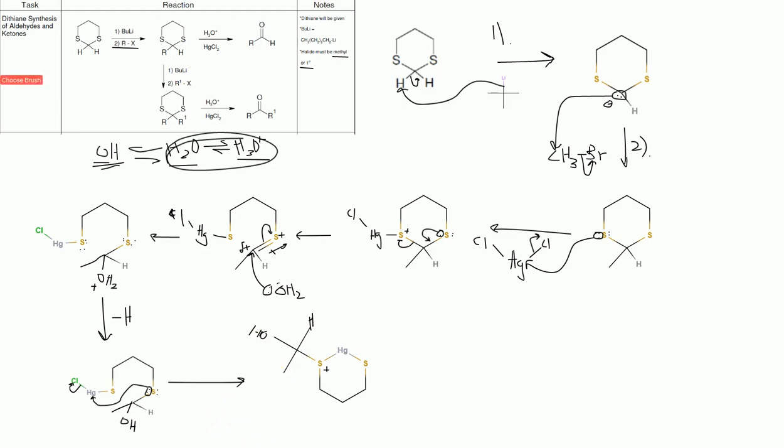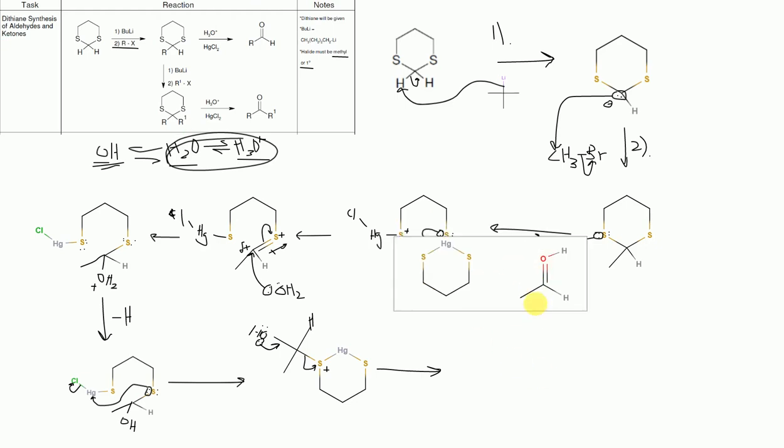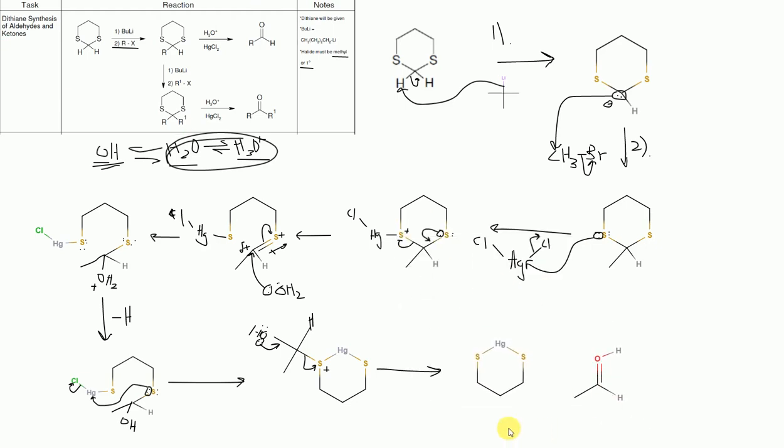Okay, so what happens is now the sulfur is positive, okay, and now the OH contributes one of its lone pairs to form a double bond, allowing this bond to break and the sulfur to leave. Okay, so what I get now is this. All right, so this is what I form, right?